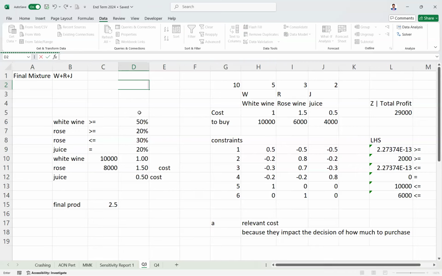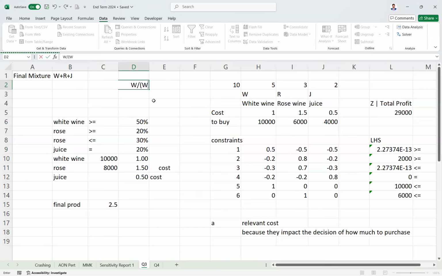Similarly, now they are saying 50% of white wine in the mixture. How will you get it? W by W plus R plus J, this value is greater than or equal to 0.5. Bring this denominator to the right hand side of the equation.